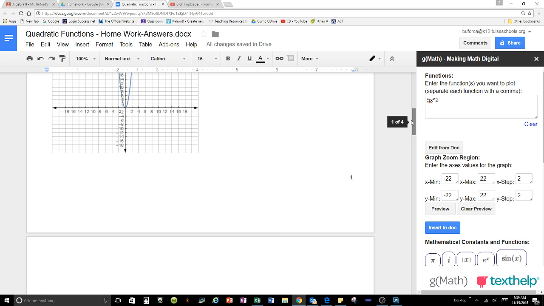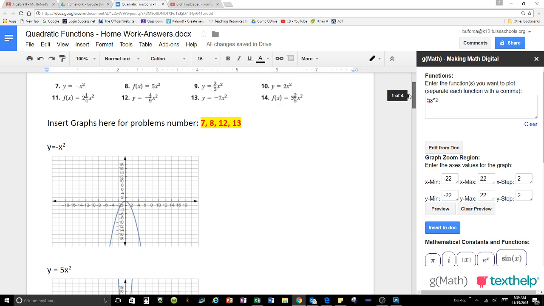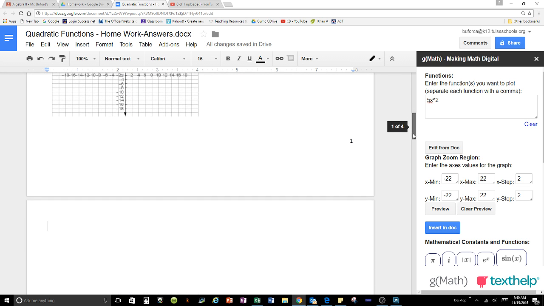So let's see, what is our next one? 12. 12 is y equals minus 4/9 x squared. So we have minus 4 slash 9 x, control period square control period.